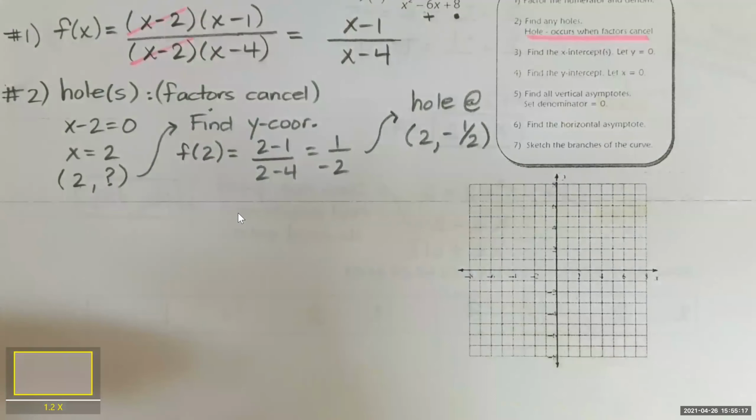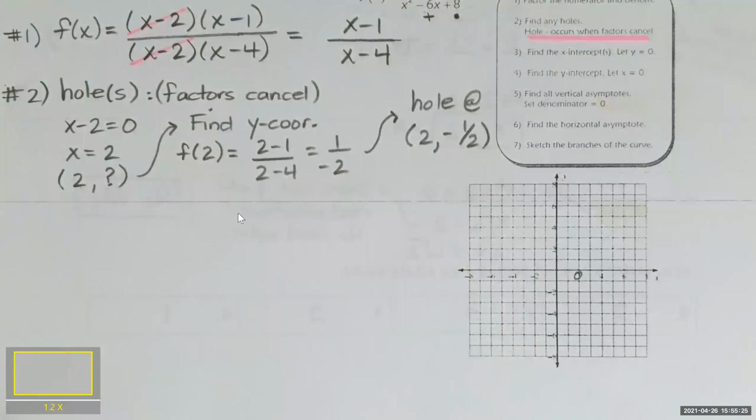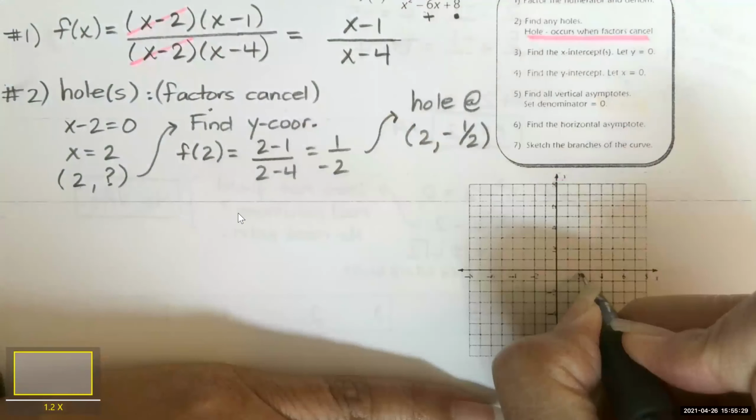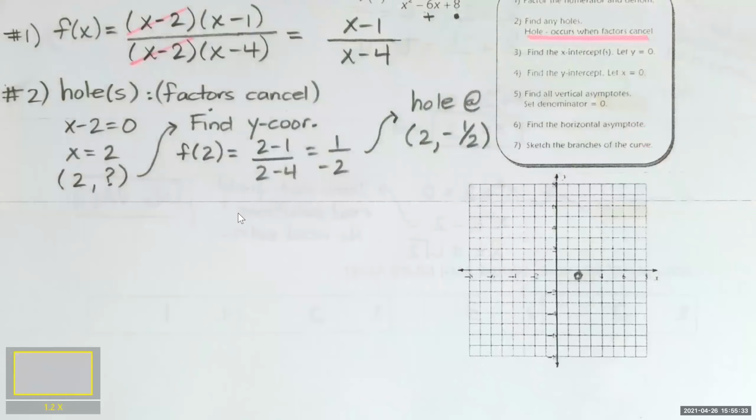It's going to be kind of hard and tight, but do your best to draw an open circle right there. So not a filled in dot, but an open circle as best as you can. So there's our hole in our graph.